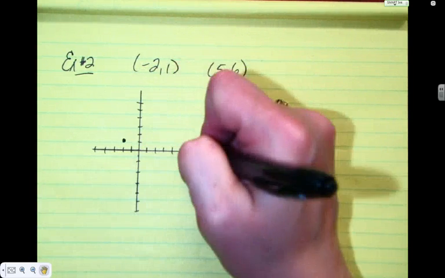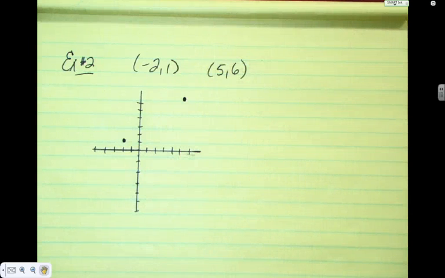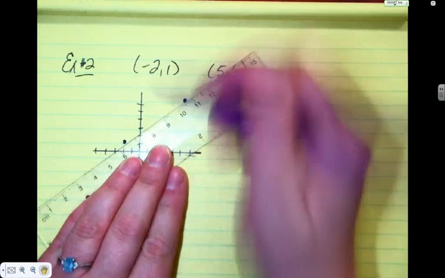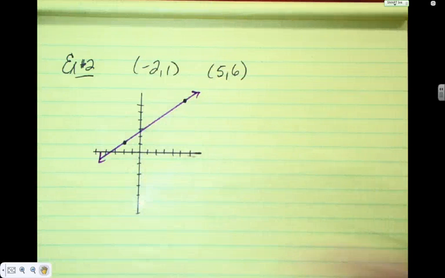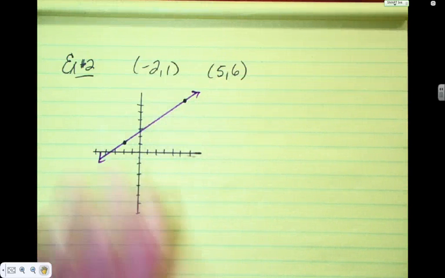And we have the point 5, 6. And the question's asking, what's the equation that makes the line between them? And we know there's only one equation that's going to do that line if we wanted to graph it. That's what we're trying to find. You don't need to draw a graph. I'm just showing you for this one: this is what the question is asking, what's the equation of that line?